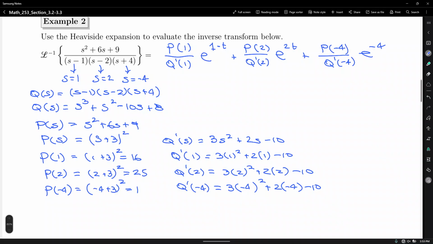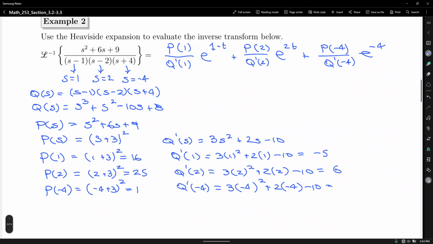All right, let's simplify all these quantities here. So that is 1 times 3 plus 2, is that 5? 5 minus 10, is that negative 5? And 2 squared, which is 4. 4 times 3 is 12. 12 plus 4 is 16. And 16 minus 10 is 6.